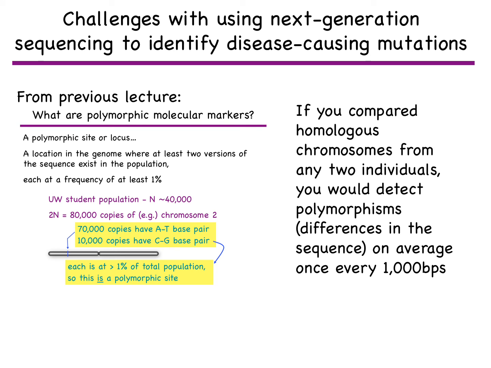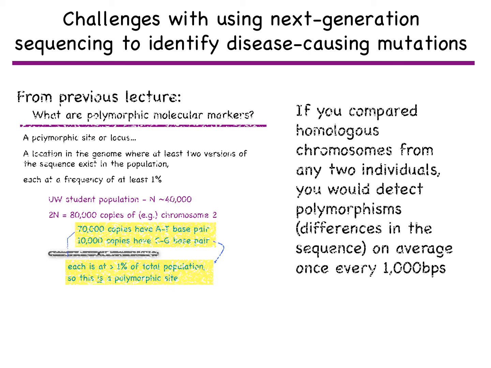If you compared homologous chromosomes from any two individuals, or in fact, even if you compared your own homologous chromosomes, in other words, if you compared your chromosome 2 that you inherited from your mother to the chromosome 2 that you inherited from your father, what you'd find is, on average, about once every 1,000 base pairs, you'd see a difference in the sequence between those two homologous chromosomes. So on average, between any two homologous chromosomes over the entire genome, you see a base change once every 1,000 base pairs.